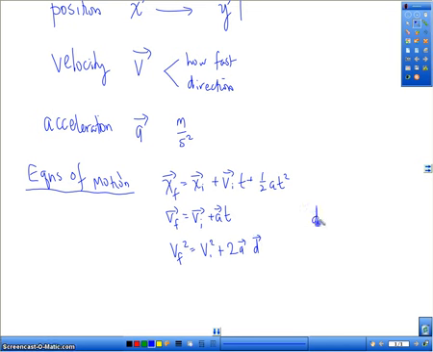Now displacement is, by definition, from start to finish. It's your starting position to your finishing position, that straight line vector from start to finish. So we define that as the subtraction of the two positions, but it's a vector subtraction.